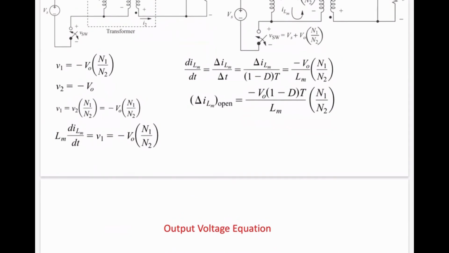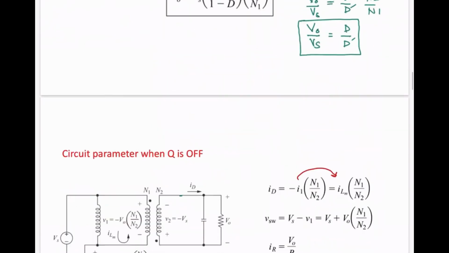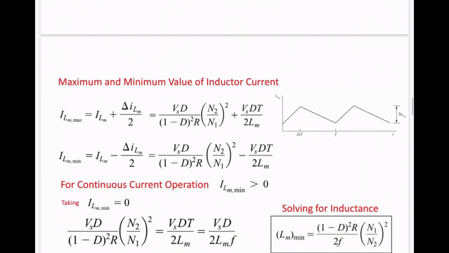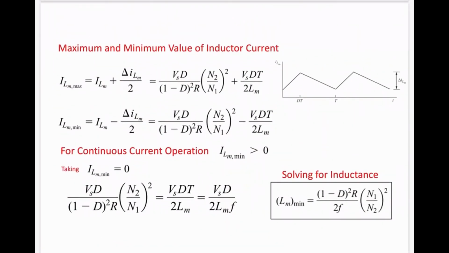Both should be the same for stable operation, so you can use any of these. So IL plus delta ILM by 2 will be the maximum value of the magnetization current, and the minimum will be IL minus delta ILM by 2. So we have these two expressions which are used to find the maximum and the minimum current in the magnetization inductance.